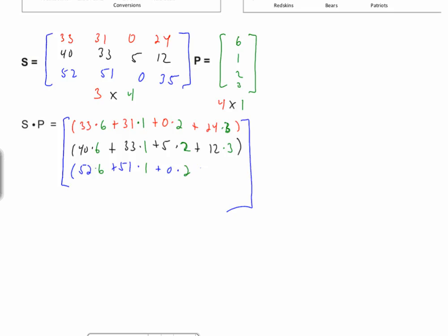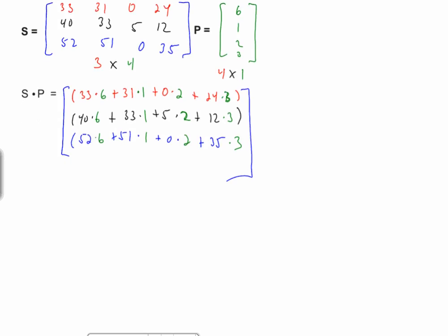And finally, plus the 35 times the 3. Okay, so now you got to work your way all the way through this. And you got to do element by element. You got to add it up. And let me close my parentheses here on this last one.